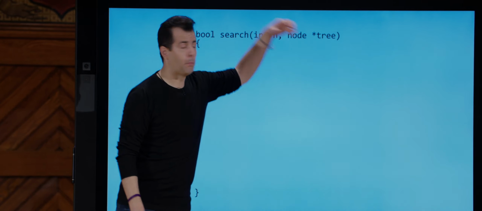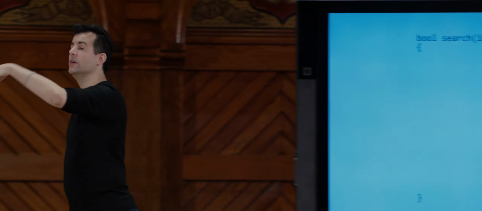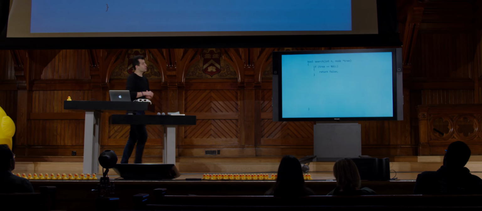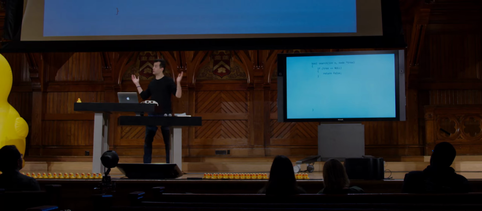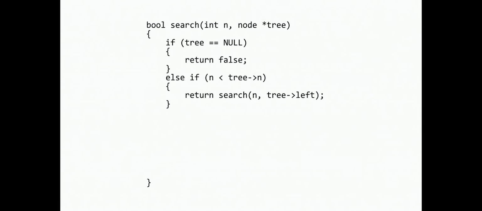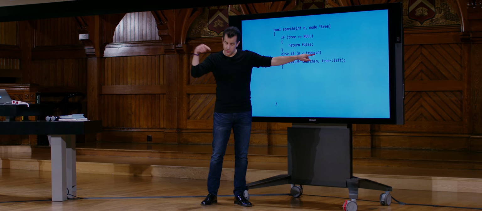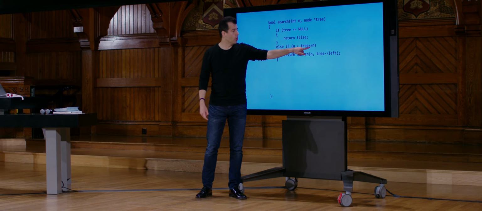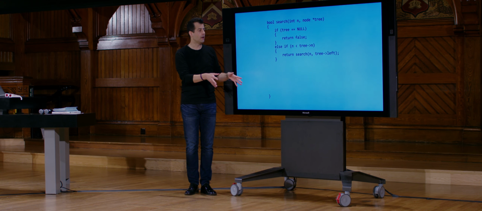So this here is, again, a pointer to the root, just like Olivia was a pointer to the first node in the linked list. So if the tree is null, return false, because it's kind of a stupid question to ask. If there's no tree being passed in, it's clearly not there. So return false. That's our special case to ensure that we don't dive too deeply. But here's a very cool application of a past idea. If n is less than the n at the current node in the tree, and remember the arrow just says go there and look at n, we know we want to look at the left-hand side of the tree.